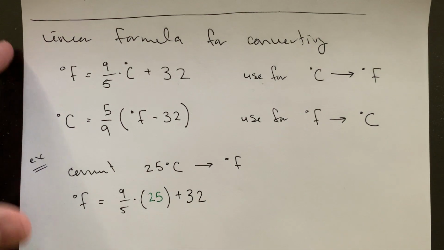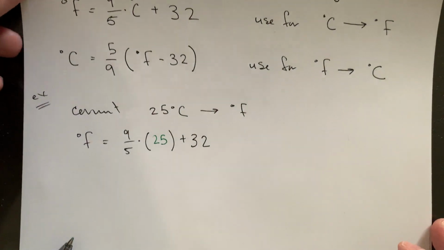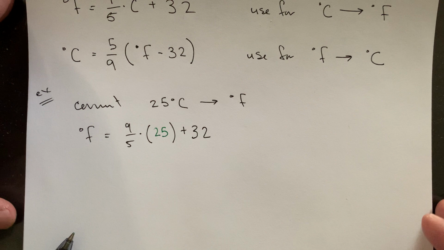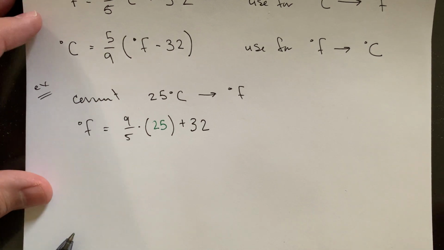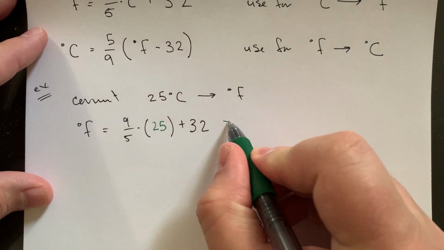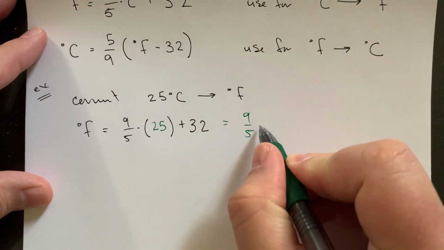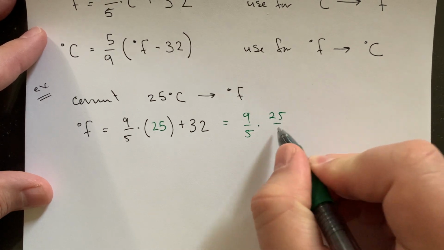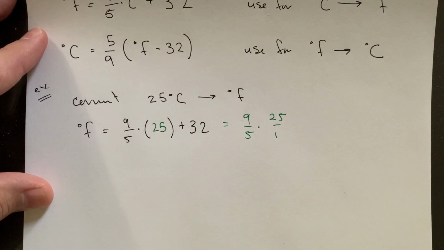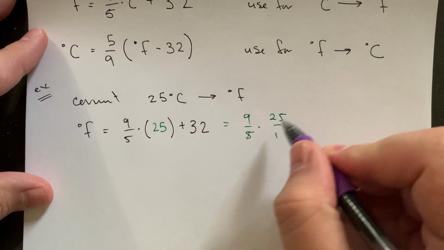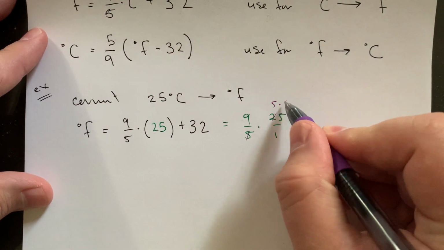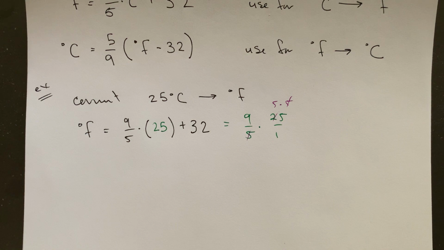So this is really just an order of operations type problem at this point. We could think of this as 9 over 5, right? 25 would be 25 over 1, right? So if we're thinking of canceling and stuff, 25 is 5 times 5, right?